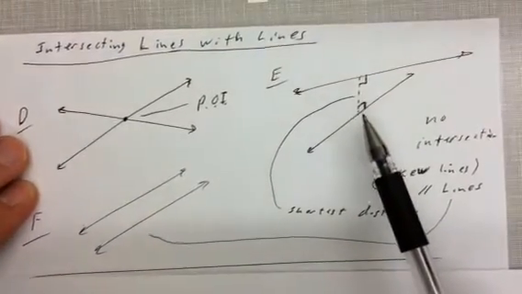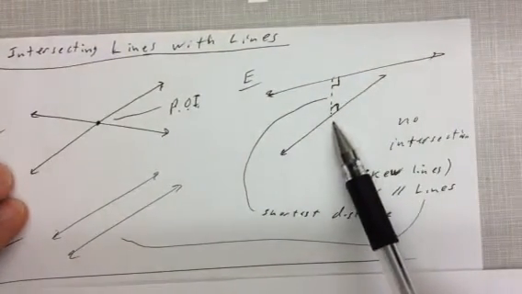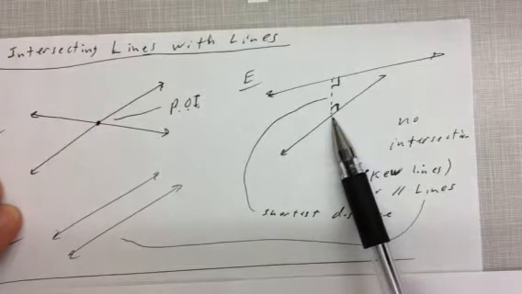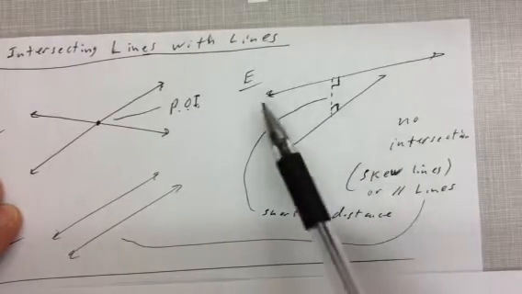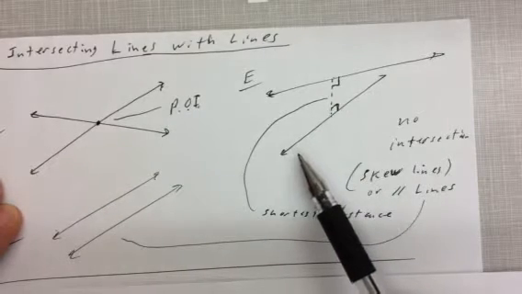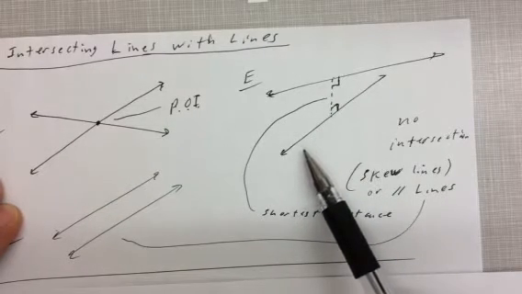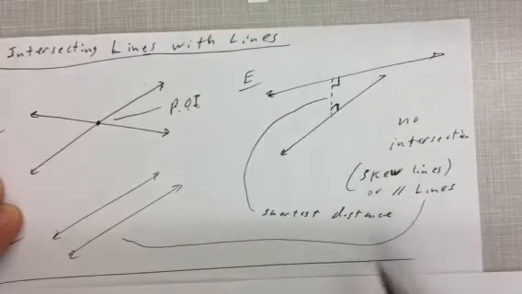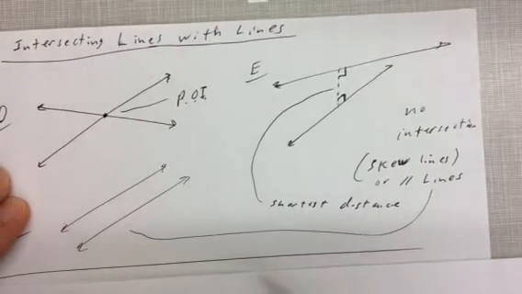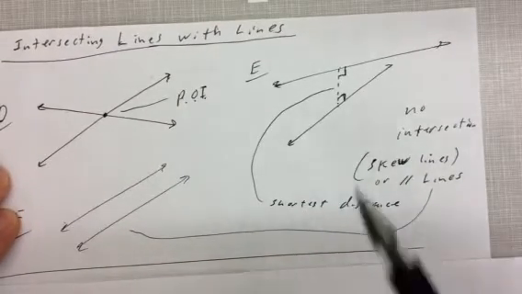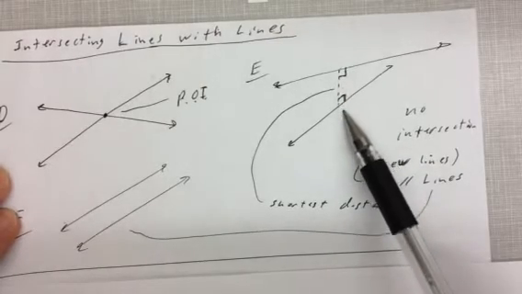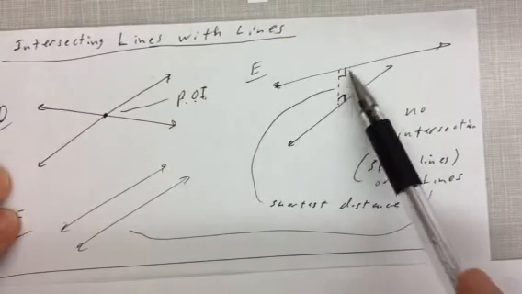The second option, if you chose two lines randomly, is probably the most common case. They would be skew lines. They don't intersect and they're not parallel. What's coming up in the future is we're going to look at the shortest distance between 2 skew lines, and this would be it, a line that's perpendicular to both of them.